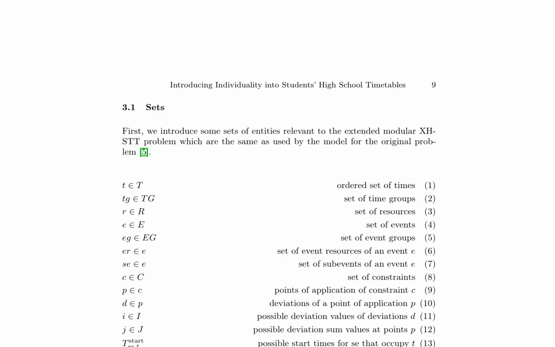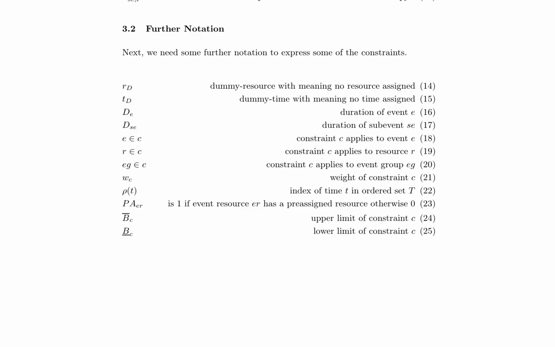The extended modular XHSTT problem introduces individuality into students' high school timetables by incorporating various entities and variables. It involves times, time groups, resources, events, event groups, event resources, subevents, and constraints. The model uses functions to calculate the cost of constraint violations, including sum, sum square, and square sum cost functions.